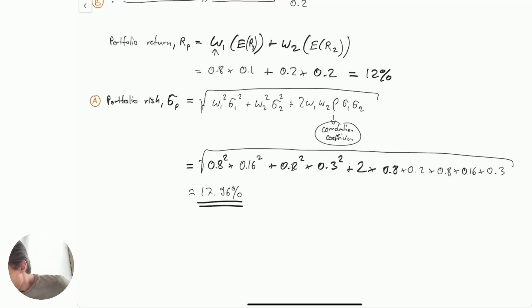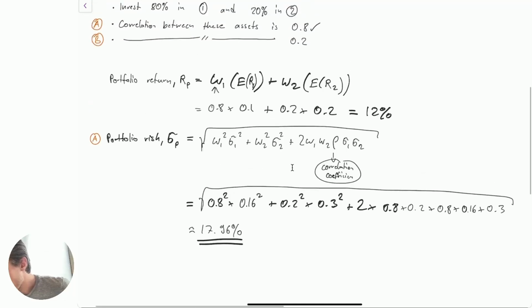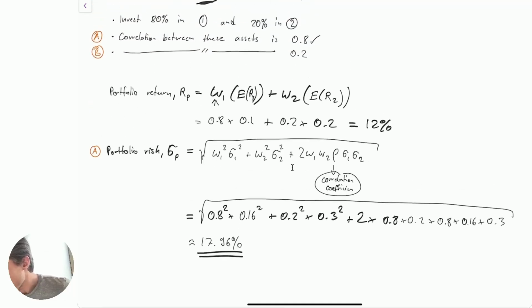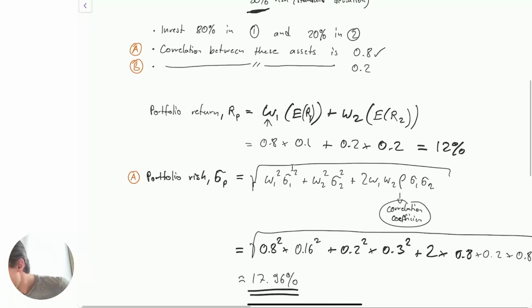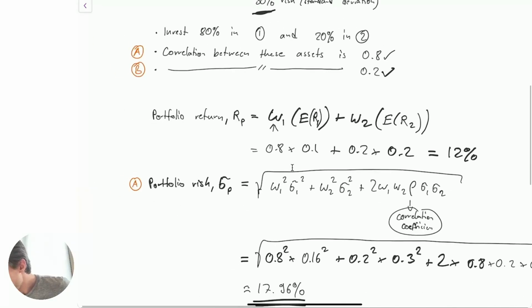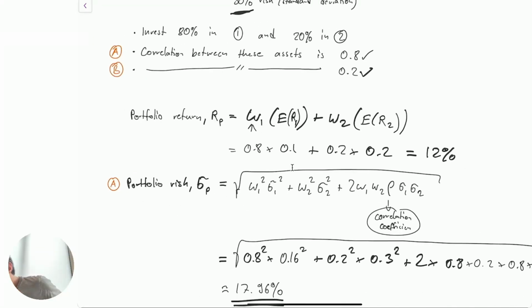Let's do the following. Let's look at how the portfolio return would look like if we assume a new correlation coefficient. Let's use 0.2 instead of 0.8. As you can see here, for the portfolio return, we are not using our correlation coefficient. It does not impact, so the portfolio expected return is exactly the same, 12%.